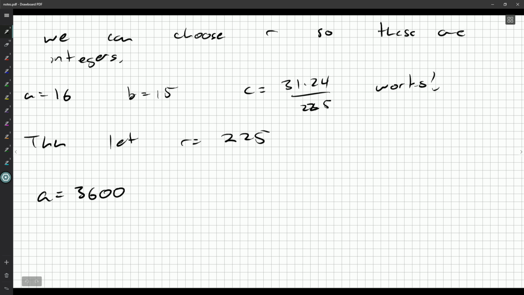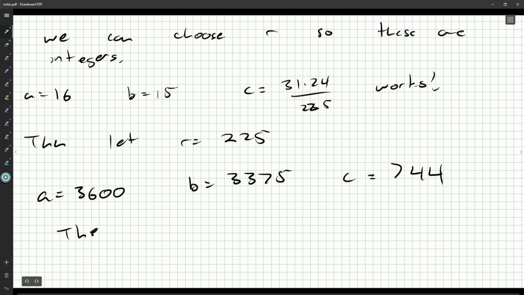B is 15 cubed, actually, so that'll be 337. And C will be 31 times 24, which is 744. These are integers. They satisfy the triangle inequality, so you can definitely make a triangle.